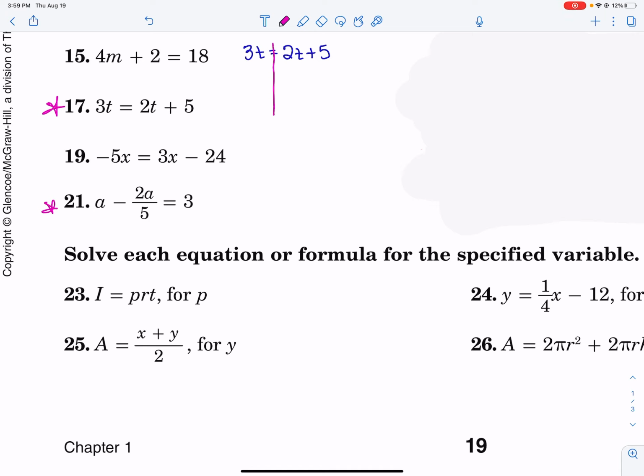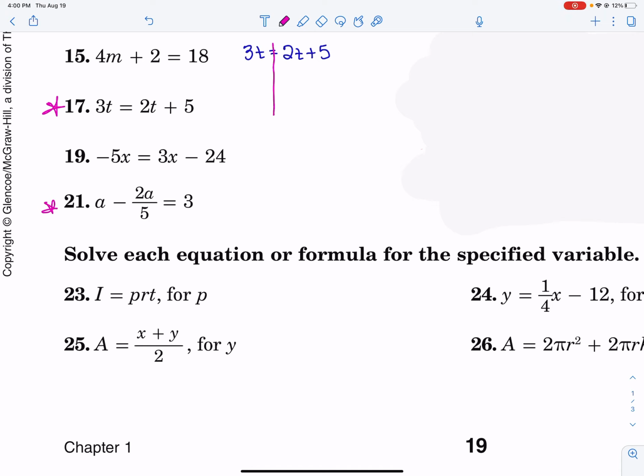Then I need to know, can I combine terms on either the left or the right side? Well, on the left side, there's only 3t, so I can't combine that. On the right side, there's 2t plus 5, but since the 5 does not have a t, we cannot combine those either.